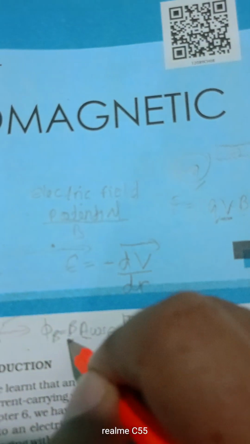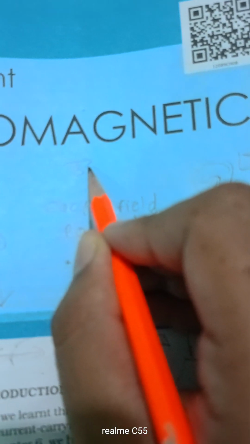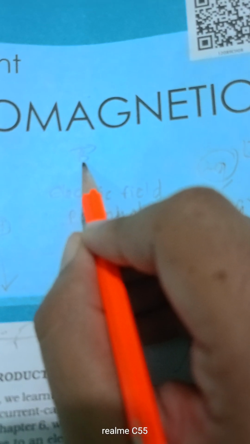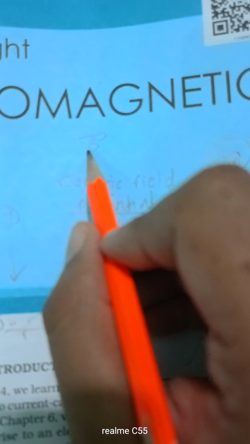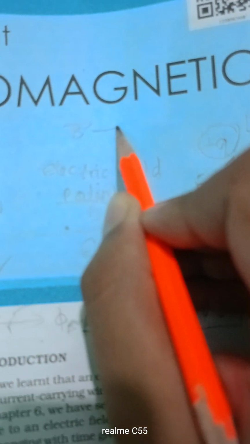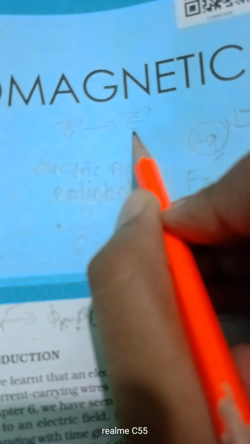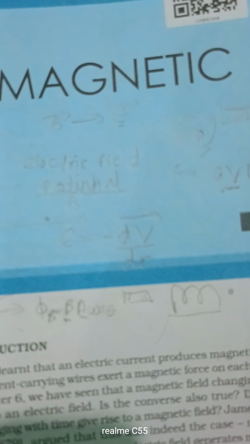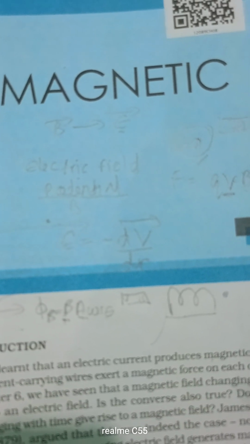This is a varying magnetic field, again, not time constant, not time independent. It is time dependent, that is, it is not constant, it is varying. So it produces an electric field, which is again varying, and it has some different properties than the conventional electric field that we studied in chapter number 1.